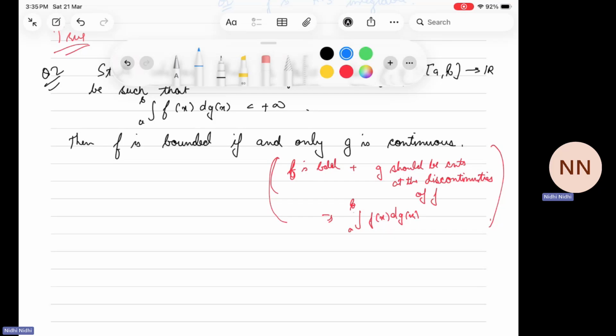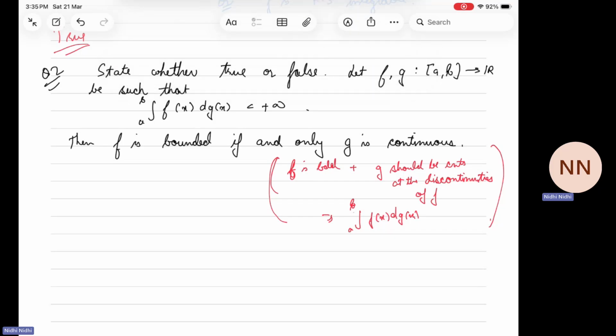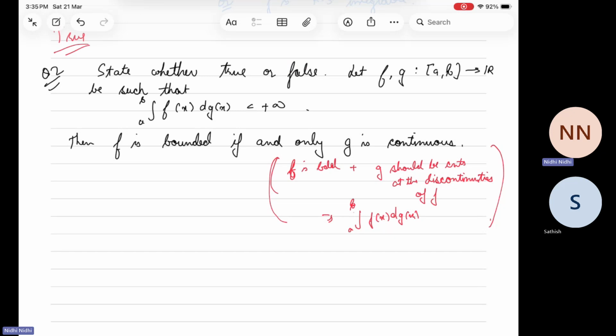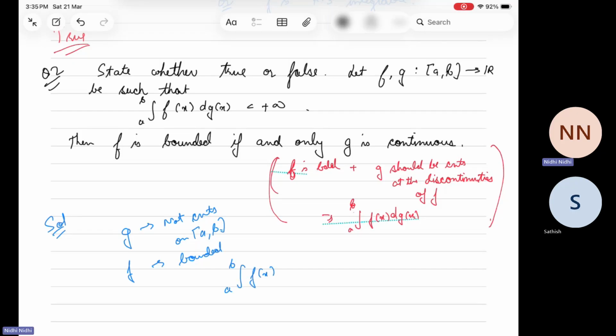So instead, if I'm saying that this statement is false, then I should be able to give some counterexample. That means I should show that there exists a function f and g where g is not continuous completely on the closed interval [a, b], and f is a bounded function, still the integral of f(x) dg(x) turns out to be finite.